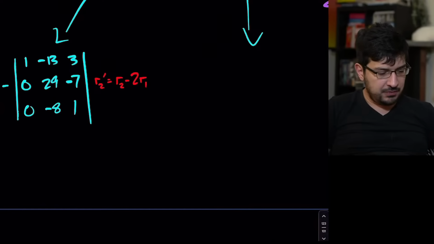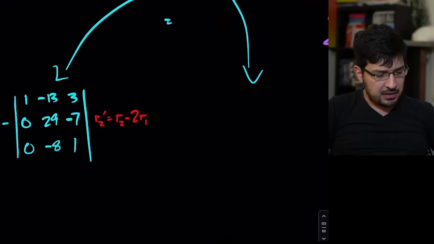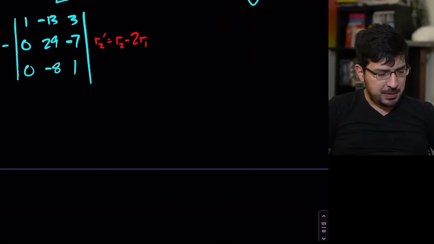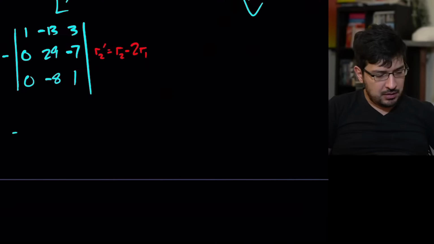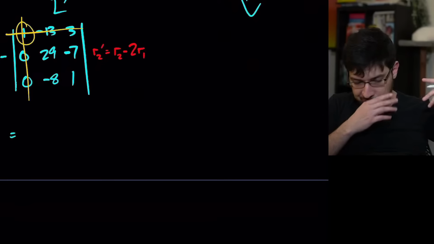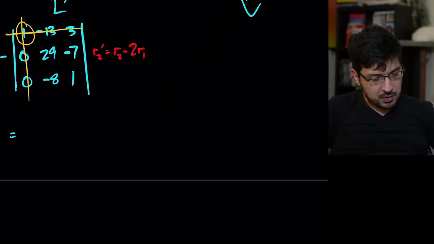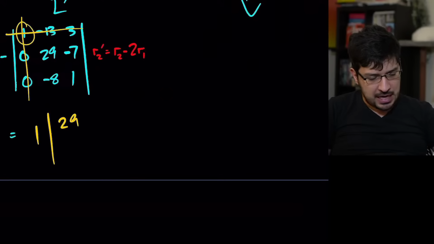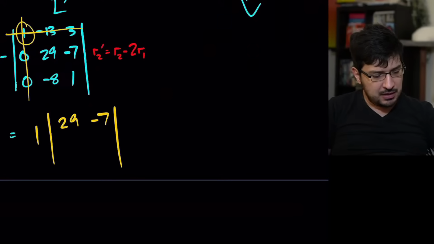Okay, so if we did everything right, then now let's expand by minors, and we'll expand by this and this. So we'll expand by the first column. So this is going to be 1 times the determinant 29, -7, -8, 1.